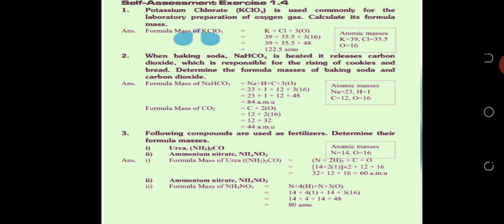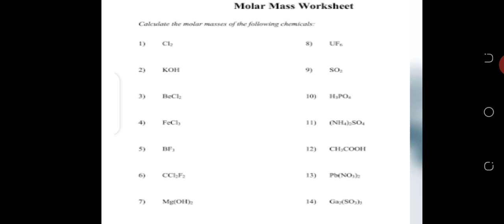And ammonium nitrate: 14 plus 4 multiplied by 1, plus 14, plus 3 multiplied by 16, we will get a total of 80.